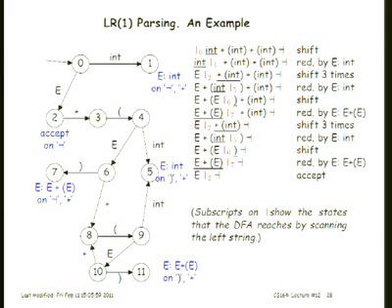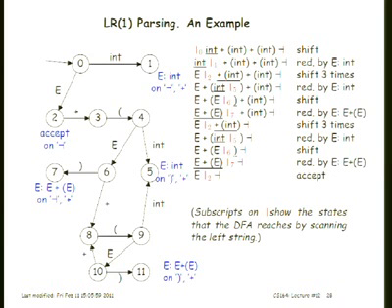as evidenced by the fact that I will now be in this situation. And if I now scan my machine starting from the left over the int, I get to this final state right here, which is marked with the production E goes to int.